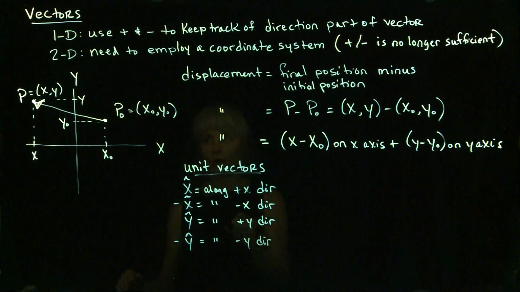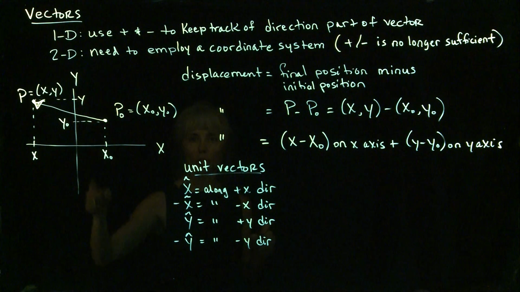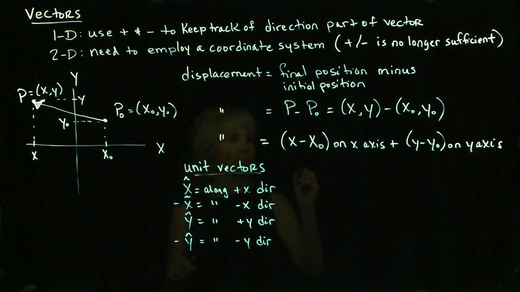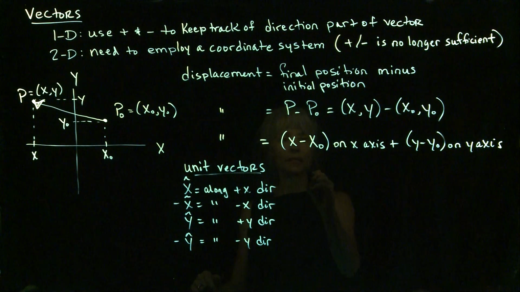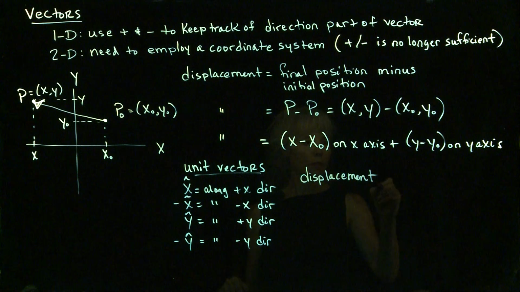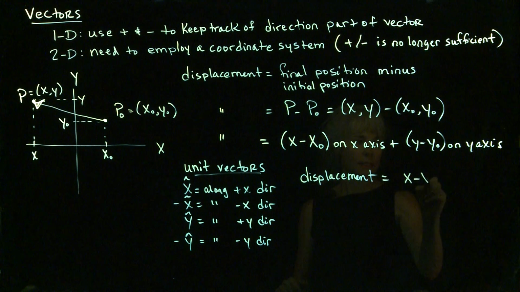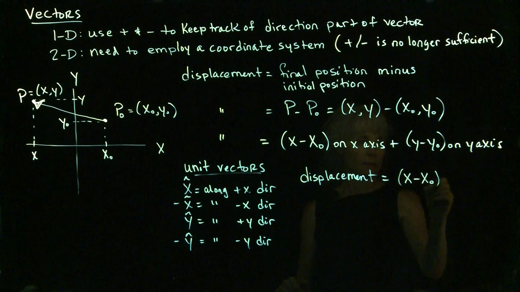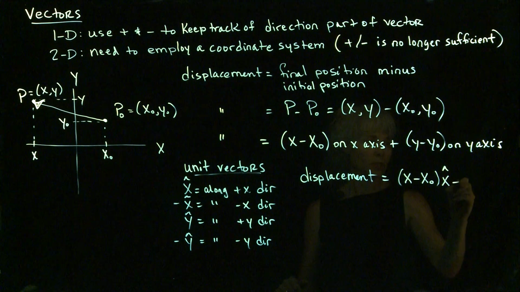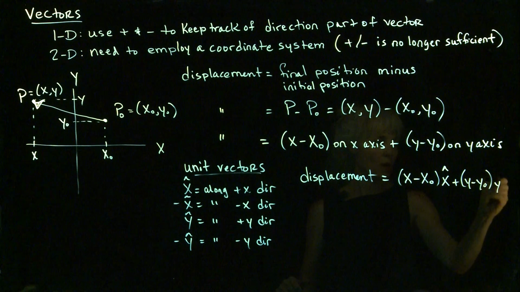So those are the four directions that we can be moving if we're sticking to an axis or parallel to it. So then my displacement, as described on this graph here, can be written as x minus x naught on the x-axis plus y minus y naught on the y-axis.